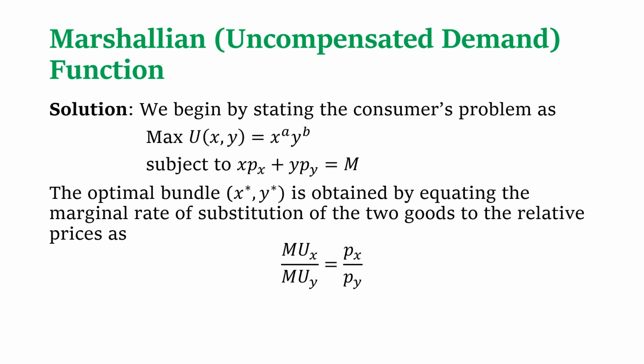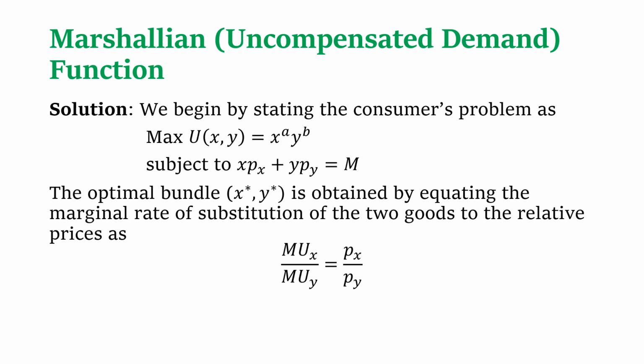So what we need to do here is go straight to the utility function and obtain the derivative of that function with respect to x as well as y. So we are going to have two derivatives here from the utility function. The derivative of the utility function with respect to x is the marginal utility of good x, and the derivative of the utility function with respect to good y is the marginal utility of good y.